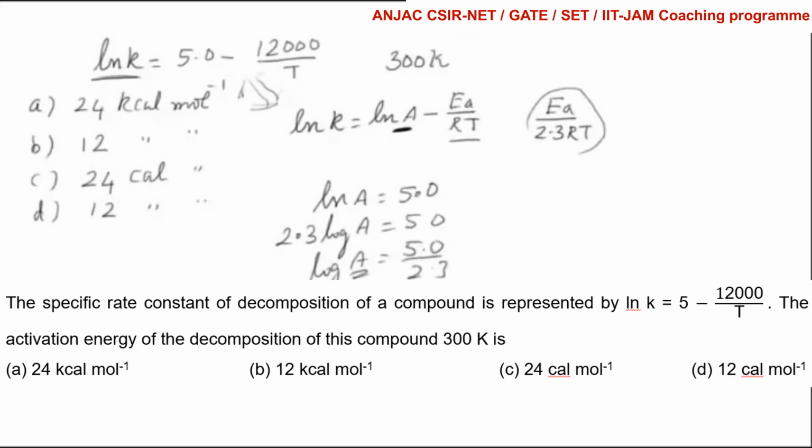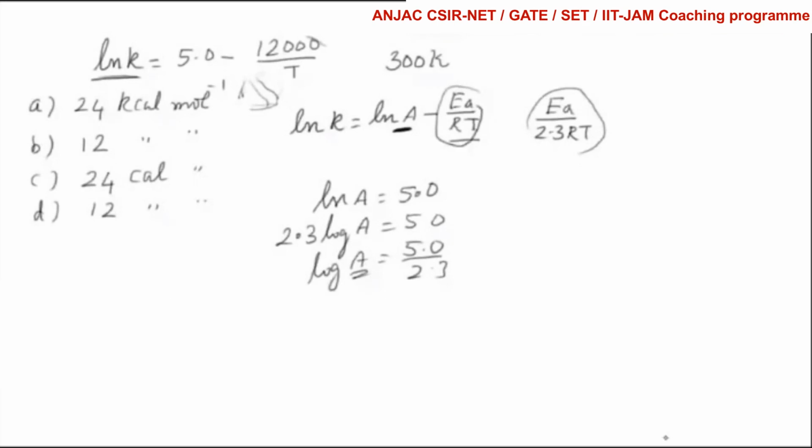But our problem is to calculate the energy of activation. This part is taken, and now correlate this part: Ea by 2.3 RT is equal to 12,000.